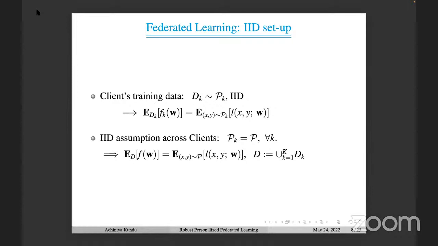The second assumption is more critical here, because we are working across clients, and this is where the assumption will fail. The data sets of different users, different clients, different mobile phones, or different hospitals are definitely going to be different. And we cannot just optimize one particular model which will work across the data sets.